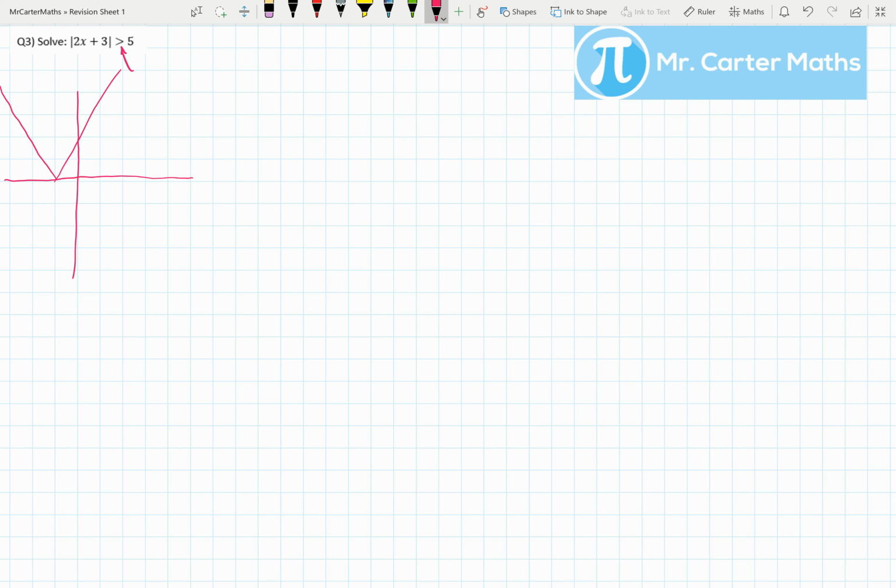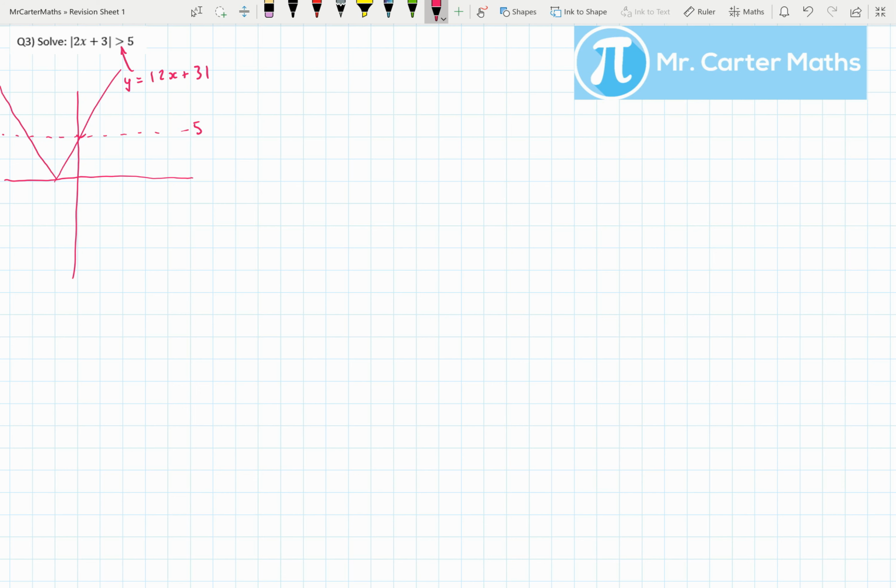And I would like to know when this is greater than 5. So at the moment I've plotted y equals the mod of 2x plus 3. And I would like to know when is that greater than the value 5.